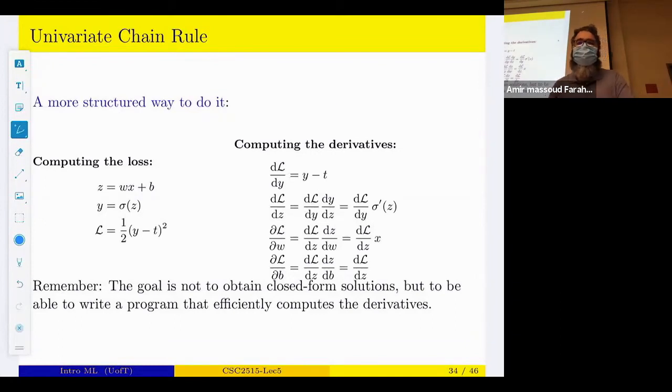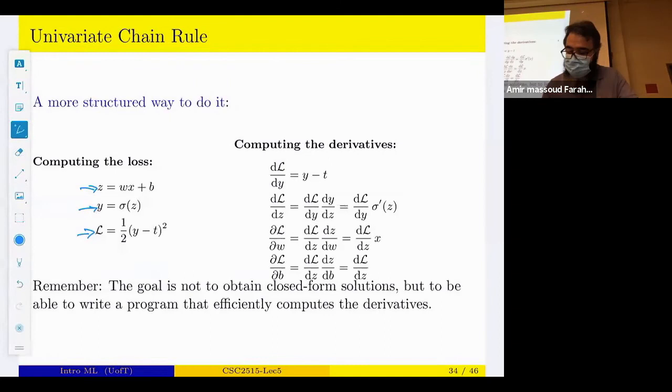For computing the loss, the model is the same: W times X plus B gives us Z, the activation gives us Y, and this is the loss. Now I'm writing it a bit more clearly, and going from the last step of computation to the first step in a backward fashion.